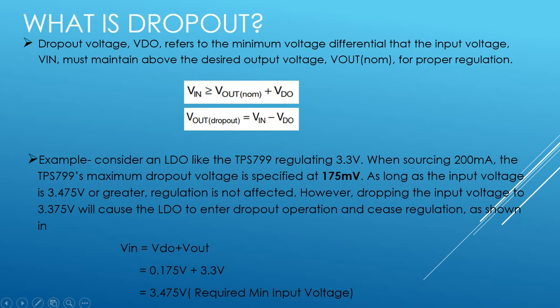If we need an output of 3.3 V, and the datasheet says the dropout is 0.175 V, then we can find the minimum input voltage with the formula: dropout equals Vin minus Vout. Whatever the dropout is, we add it to the output, and that is the minimum input voltage required.